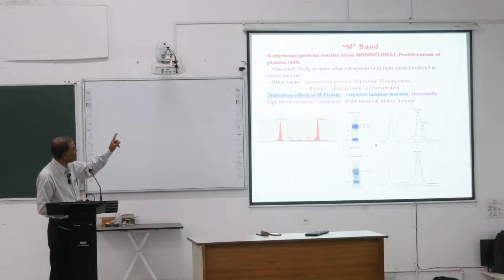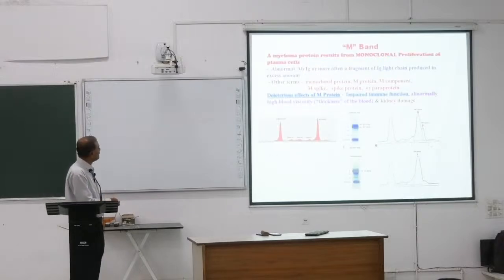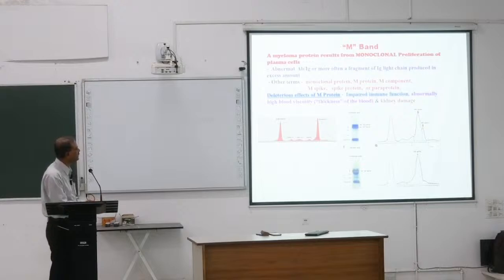The myeloma protein results from monoclonal proliferation of plasma cells, and this is an abnormal immunoglobulin. It is more often formed of an IgG light chain in excess amount.